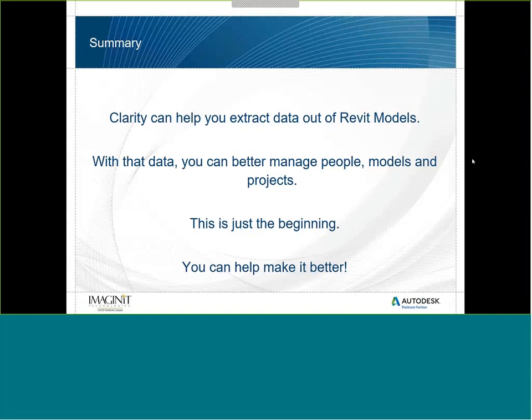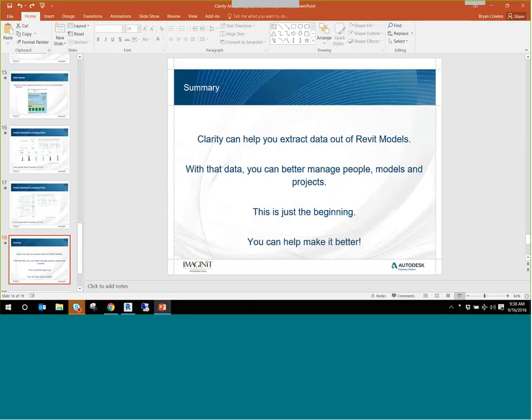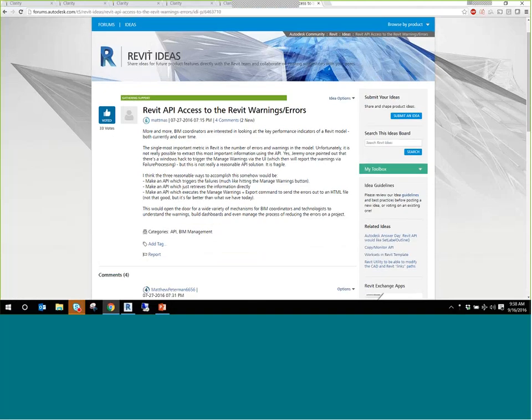Currently, as of this date, the API for access to the Revit warnings inside of these files is not quite available. And one of our developers has put in a Revit idea request.